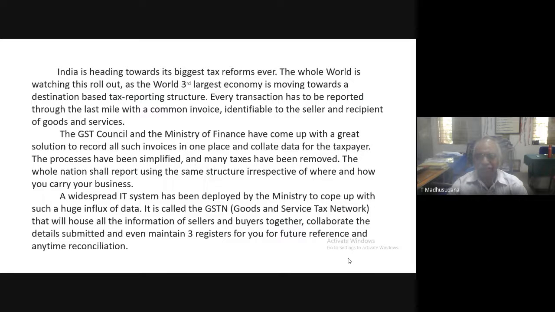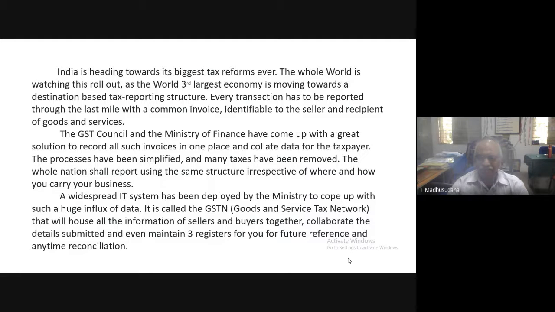India is heading towards its biggest tax reforms ever. The whole world is watching this rollout as the world's third largest economy is moving towards a destination based tax reporting structure.